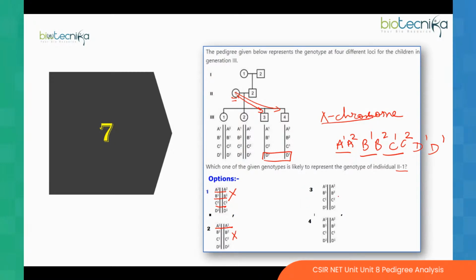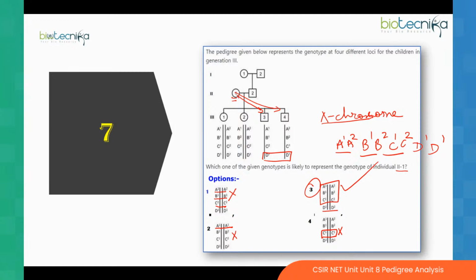Option 3 is the only one which is showing heterozygous for A, B, and C, but it is also showing heterozygous for D. Option 4 is showing homozygous for C, which again is not possible. So because there are four options and you have made sure that 1, 2, and 4 are not possible, with this much information you know that option 3 is the answer.